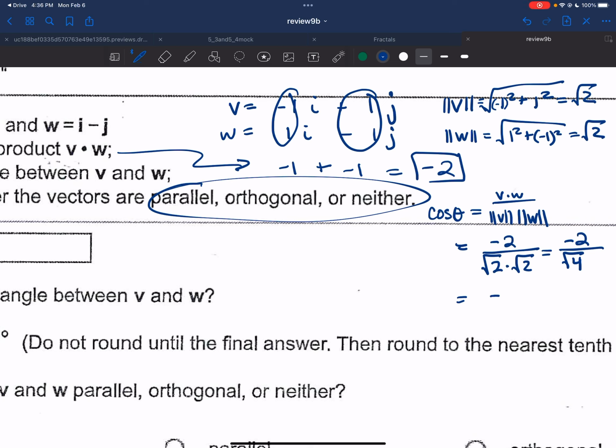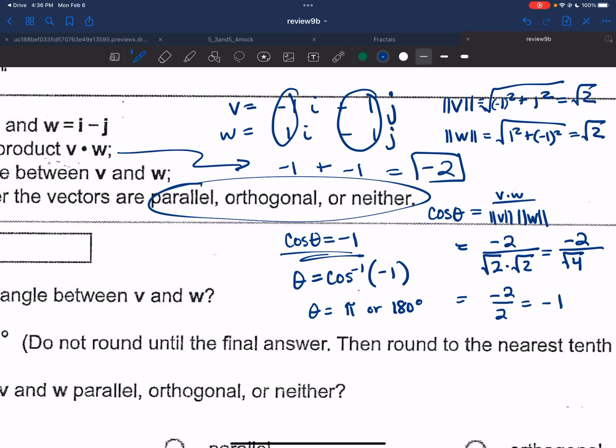So negative 2 over 2, which is going to give us negative 1. So the cosine of theta equals negative 1. Now that should be an easy one for you guys to see. If you need to do it in the calculator, theta is equal to inverse cosine of negative 1, and you should get a theta of pi or 180 degrees, depending on what your calculator is in, okay?